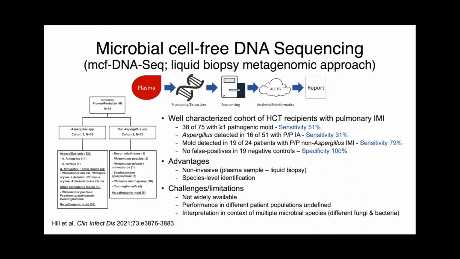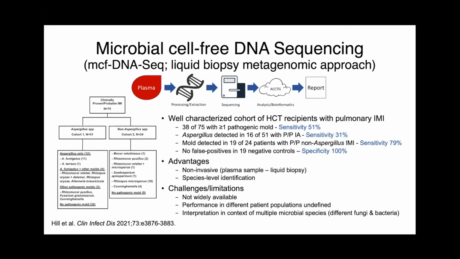Overall in this study, the sensitivity for identifying one or more pathogenic molds was 51%. Interestingly, sensitivity for invasive aspergillosis, being able to detect and determine to the species level in patients with proven or probable invasive aspergillosis, was lower, at 31%.